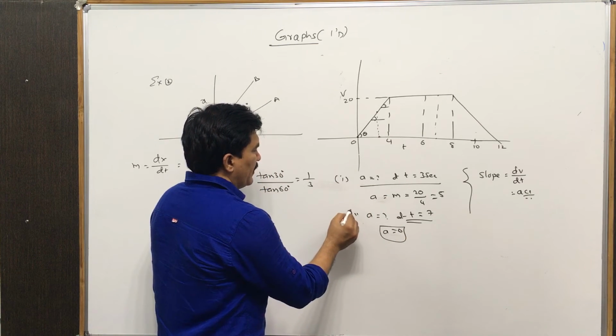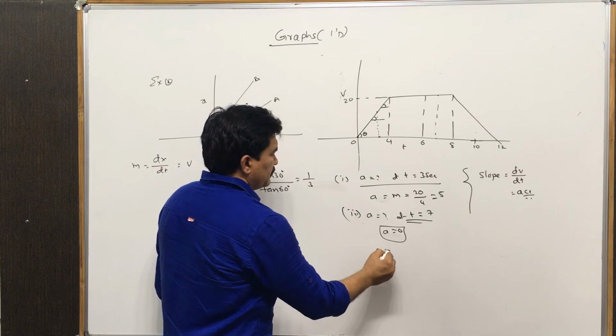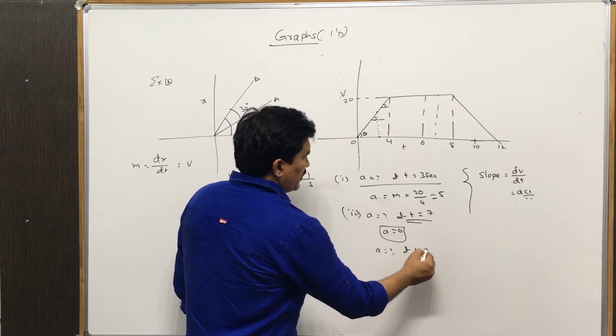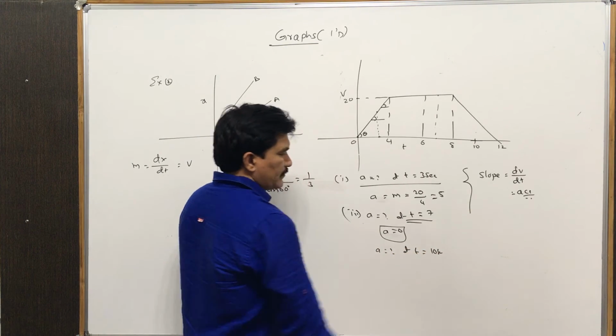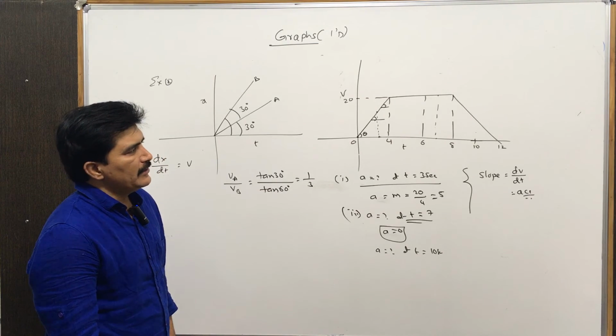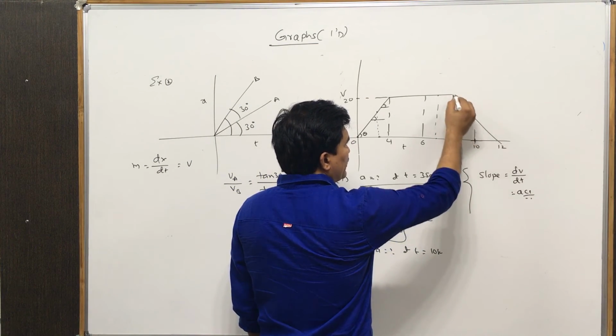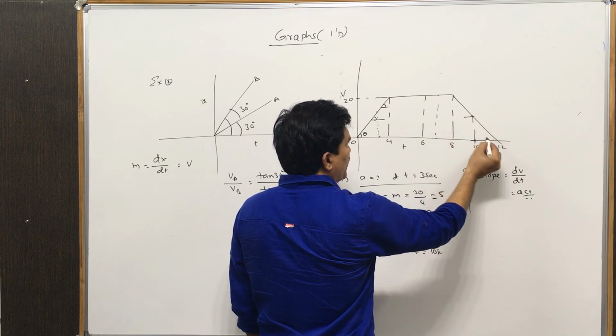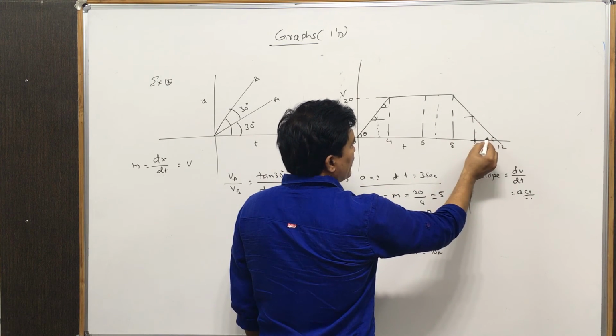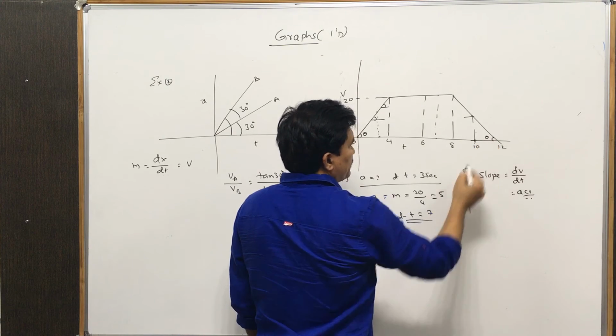And similarly, he may talk about acceleration at t equal to some 10 seconds. At t equal to 10 seconds, at this point I need the slope, but it is a straight line, so its slope at this point is similar to here also. So, I will take this angle as some theta.